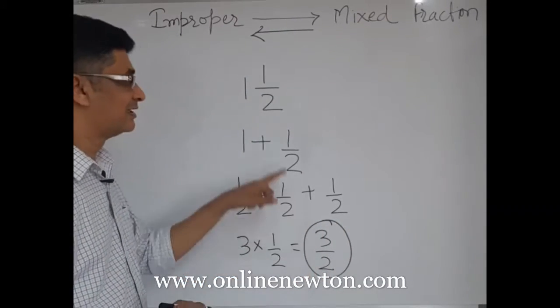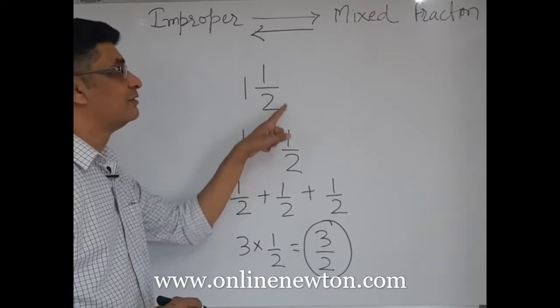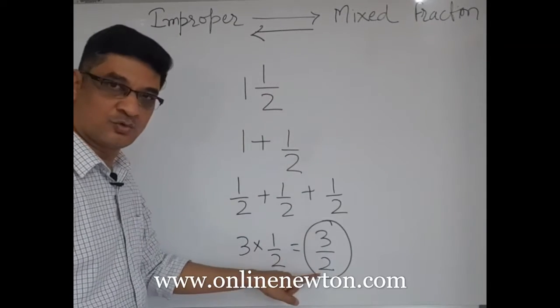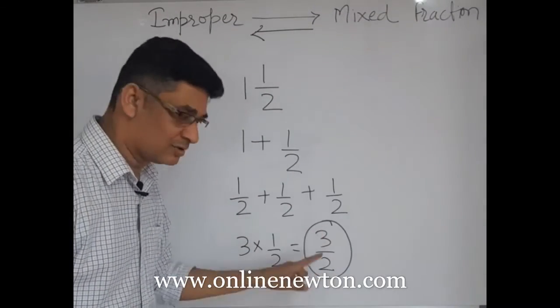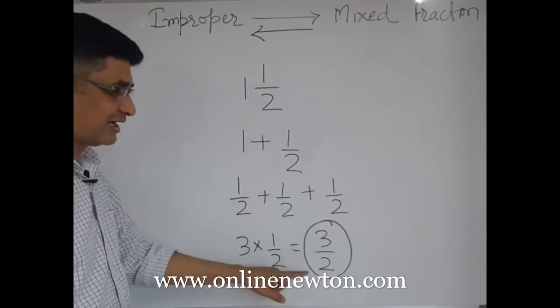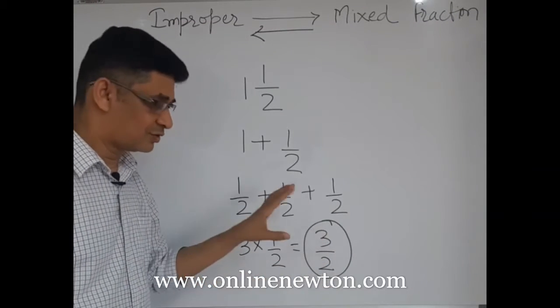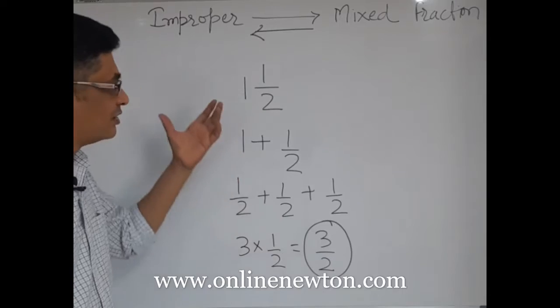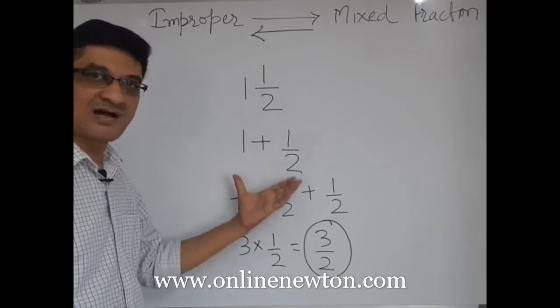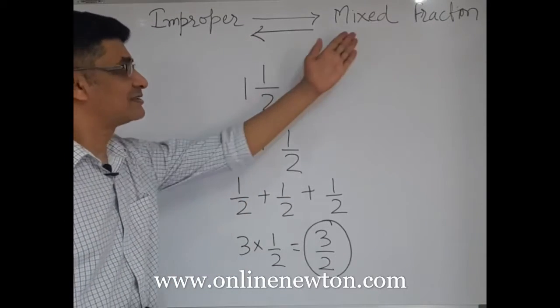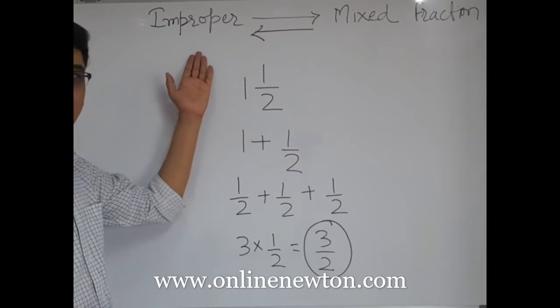This is how we convert 1 integer 1 by 2, which is a mixed fraction, to 3 by 2, which is an improper fraction, and we can see that 3 is greater than 2, so it is an improper fraction. So conceptually, this is how we will convert a mixed fraction into an improper fraction.